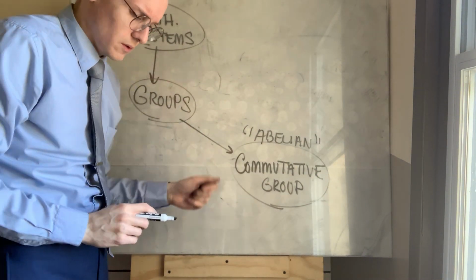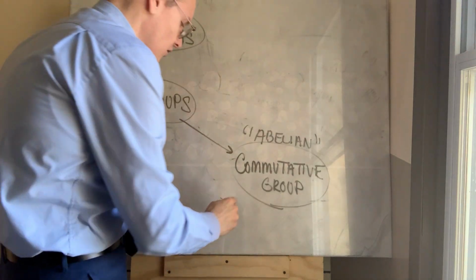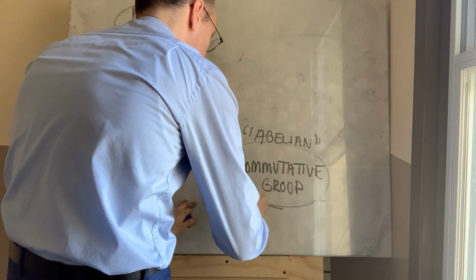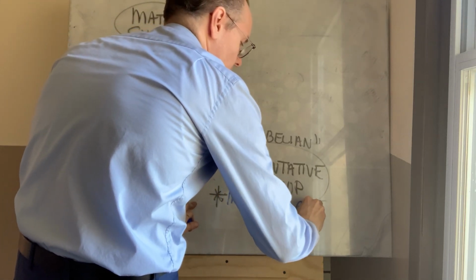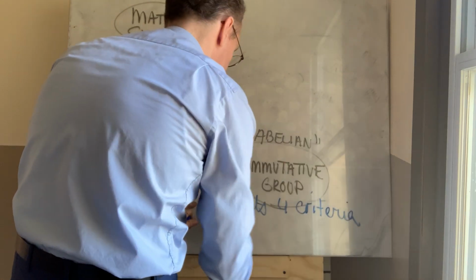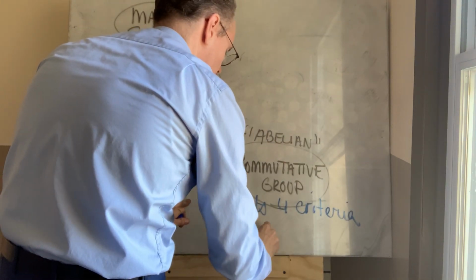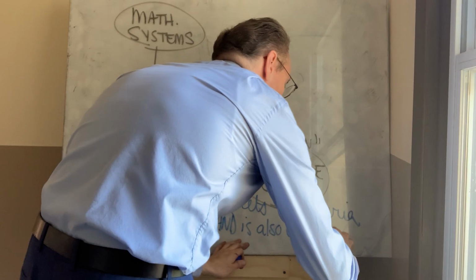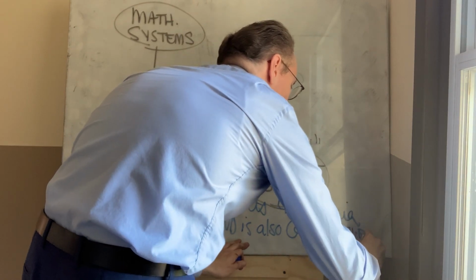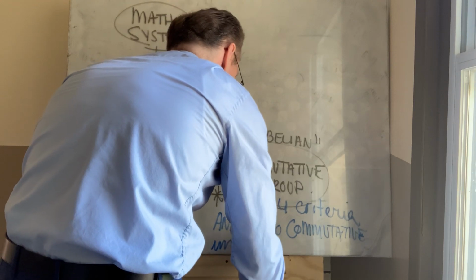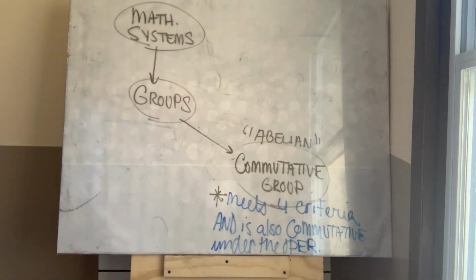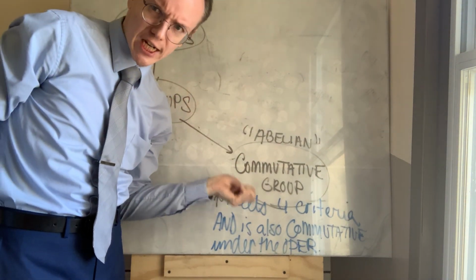Commutative group and Abelian group are synonymous. It meets the 4 criteria and is also commutative under the operation that is mentioned or included. So if it's commutative under addition, if you talked about addition to begin with, then fine. This is an added step, just checking that criterion.